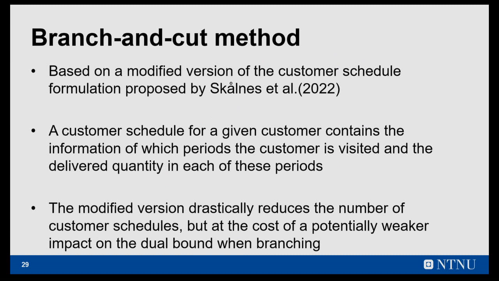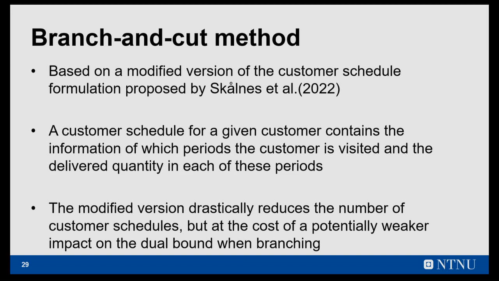And then the branch and cut method that we used is a slightly modified version of the one proposed in my paper from 2022. This customer schedule formulation is just a Dantzig-Wolfe formulation of a subregion of the feasible area, where the customer schedule contains information on which periods a customer is visited and the delivered quantity in each of these periods.